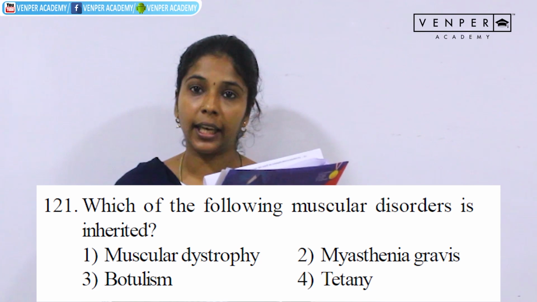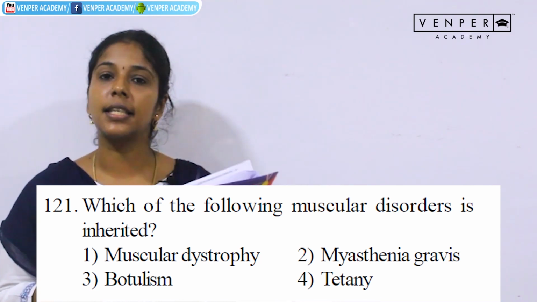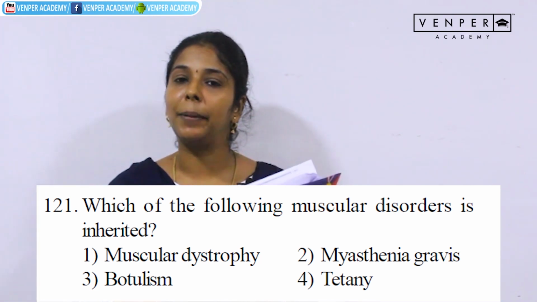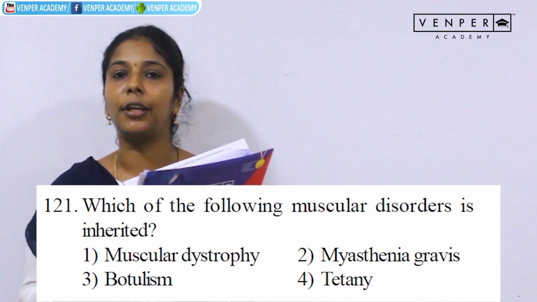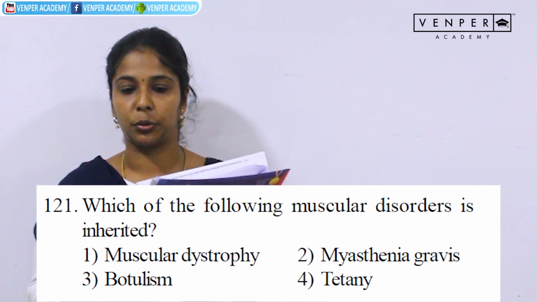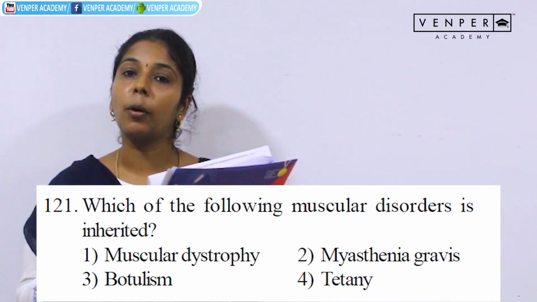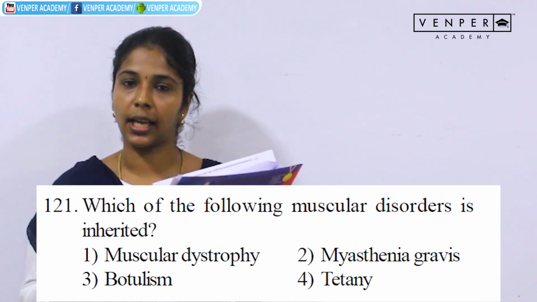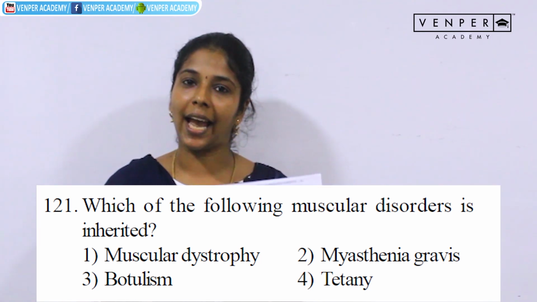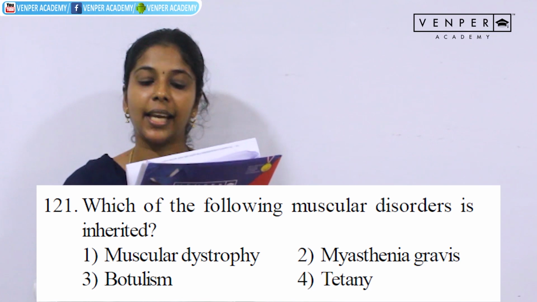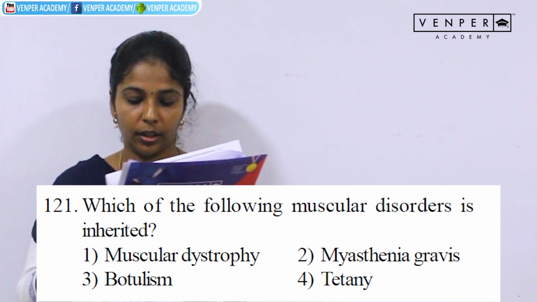Muscular dystrophy is an inherited X-linked recessive disorder. Males have XY chromosomes and females have XX chromosomes. Males are more prone to this disease compared to females. Females act as carriers, but males are the diseased ones.